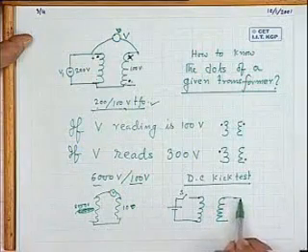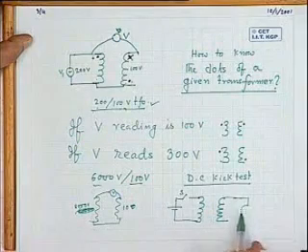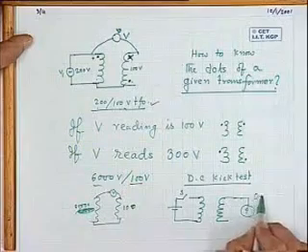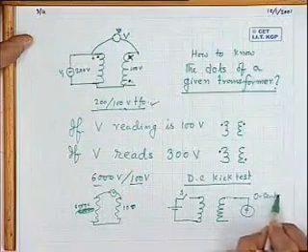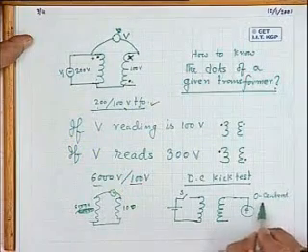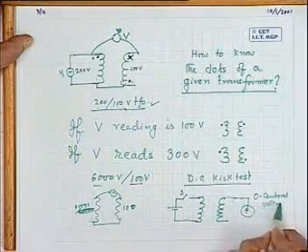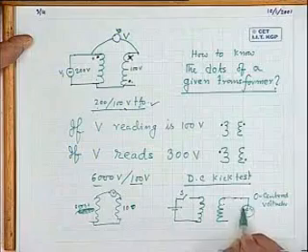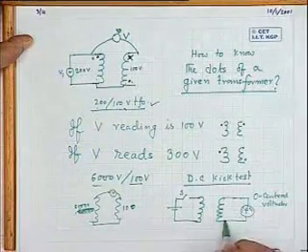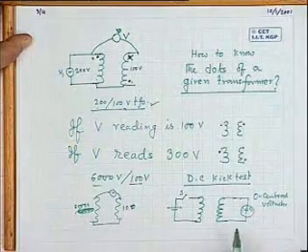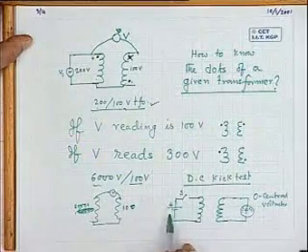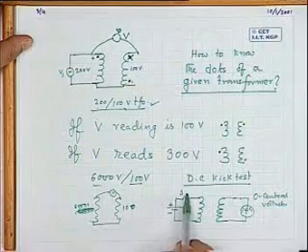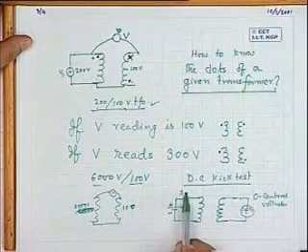Your class 12 experiment introducing Faraday's law, and you connect a zero-centered voltmeter here. This is the zero-centered voltmeter, and this is, suppose, plus and minus of the battery. You take a small battery.